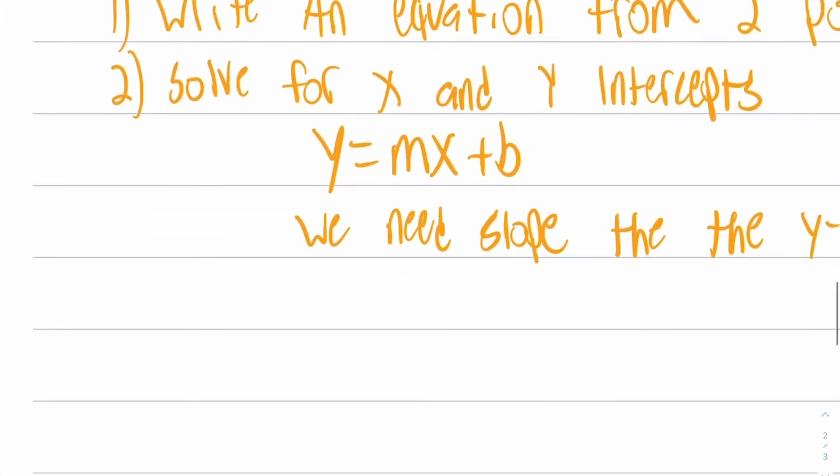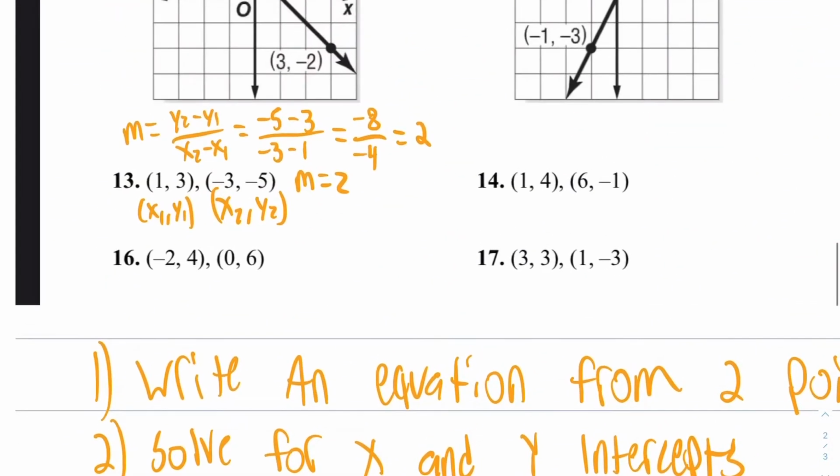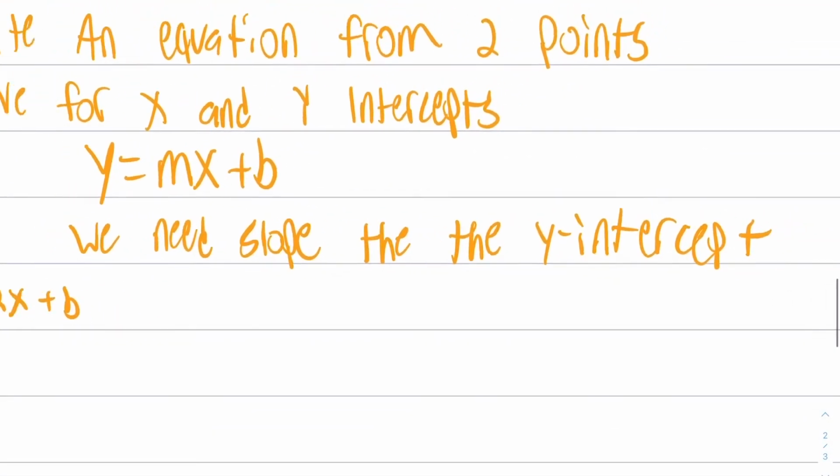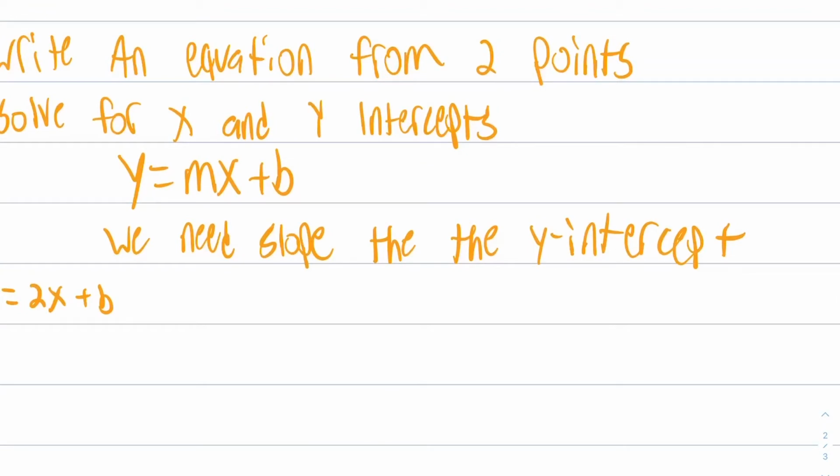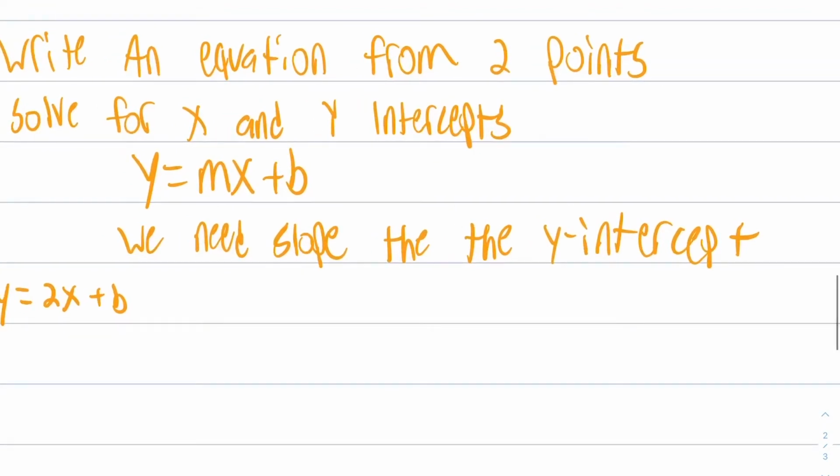So down here, we're going to write y equals 2x plus b. We were able to fill in only the slope for this equation. Now, the y-intercept is a point that is on the graph.